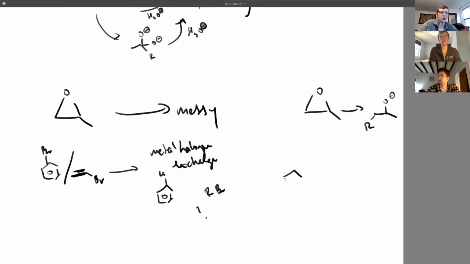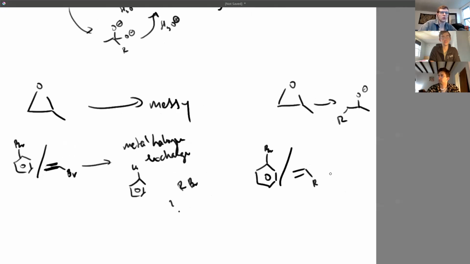On the other hand, I think cuprates will couple here, which is what you might actually intend. So you'll get R attached on there or there. Whoops, this was meant to be a bromine.